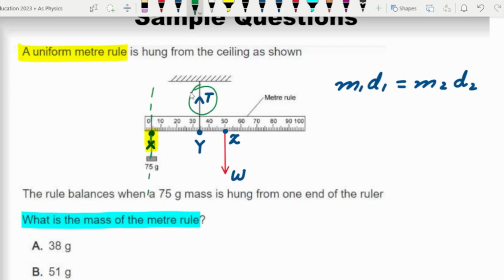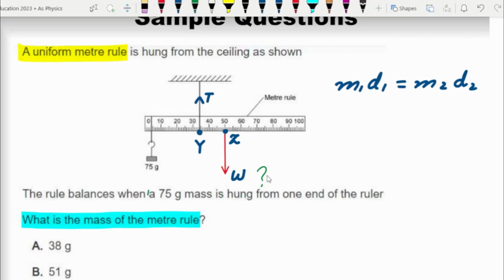One of them would be T, one of them would be W. So W you have to find, but the problem is you don't know the value of T. You can't find two things from one equation when both are unknown. It would be impossible for you to find the value of W. You can find the value of W only if you know the value of T.